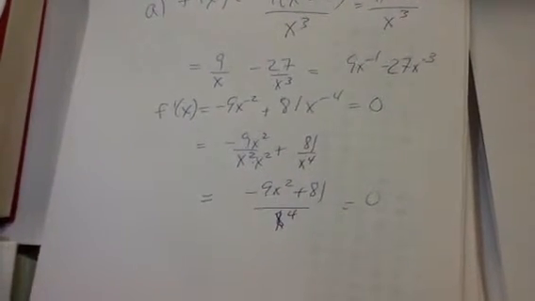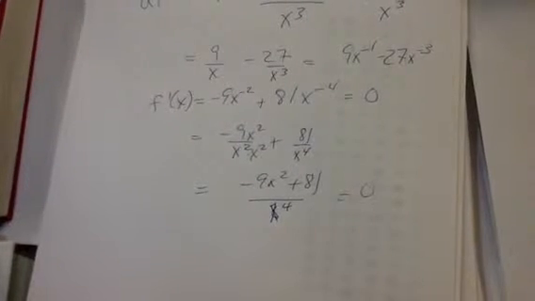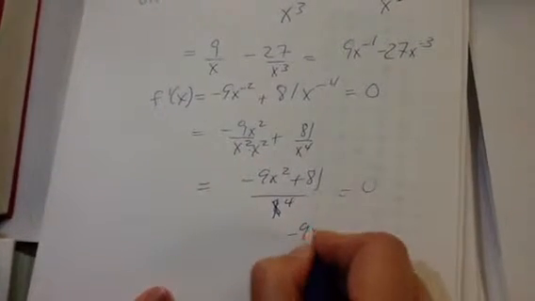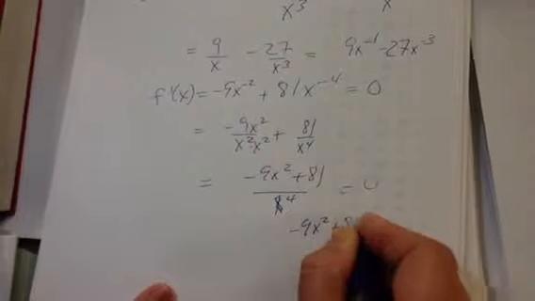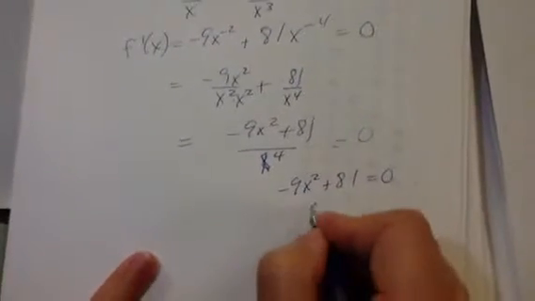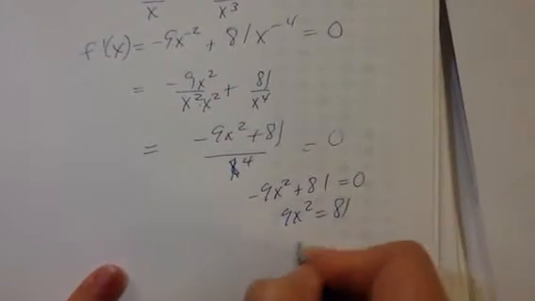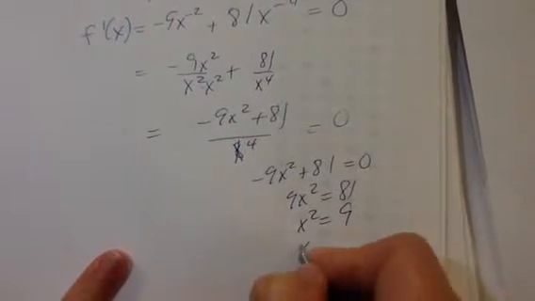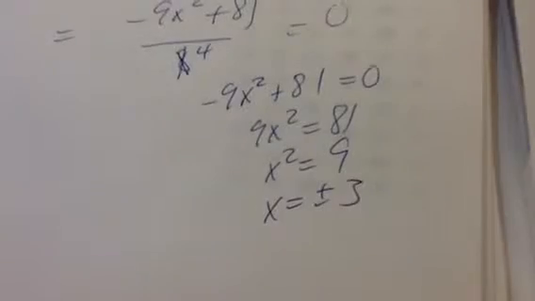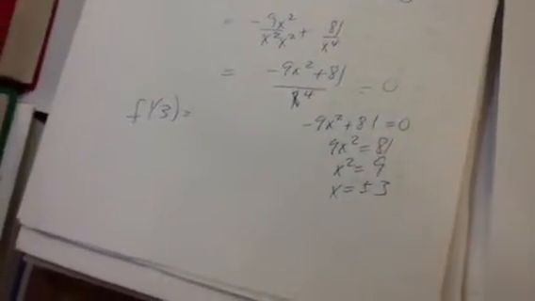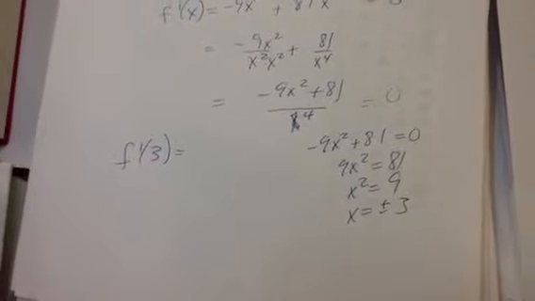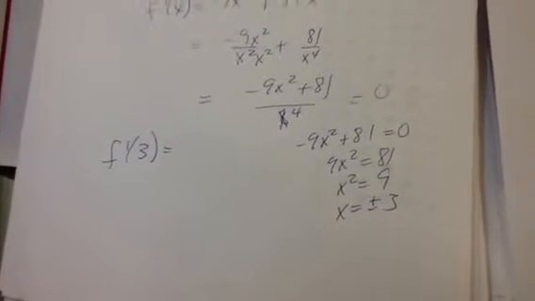Top or bottom? Top. So now I'm going to set this equal to 0. 9x squared equals 81, x squared equals 9, x equals plus or minus 3. So we're just going to evaluate it at 3, because they said to find it based on the picture, and the picture doesn't show it in the negative.